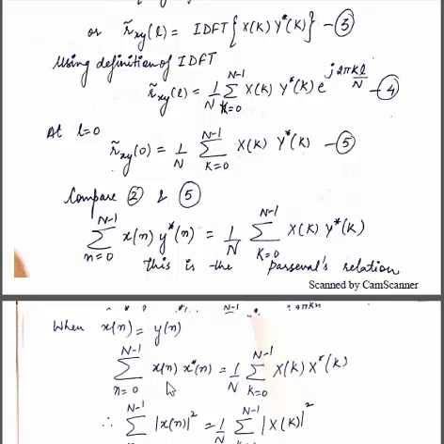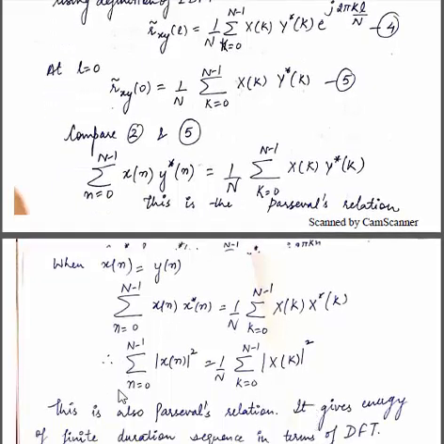So this one is mod of x of n whole square, that contains real and imaginary terms. In a similar way here, mod of X of k whole square. So it becomes summation n tends to 0 to N minus 1 mod of x of n whole square is equal to 1 by N summation k tends to 0 to N minus 1 mod of X of k whole square. This is also Parseval relation.